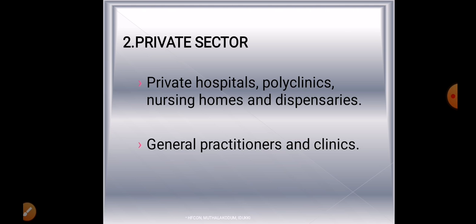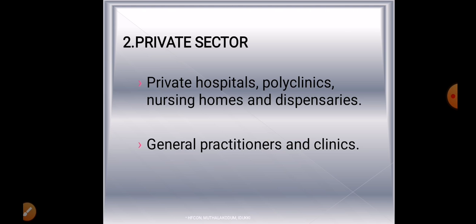Then the private sector. In the private sector, just like the government provides primary, secondary and tertiary care, the private sector also has its own levels. For example, they have small polyclinics, dispensaries, private practitioners, and their own small clinics.